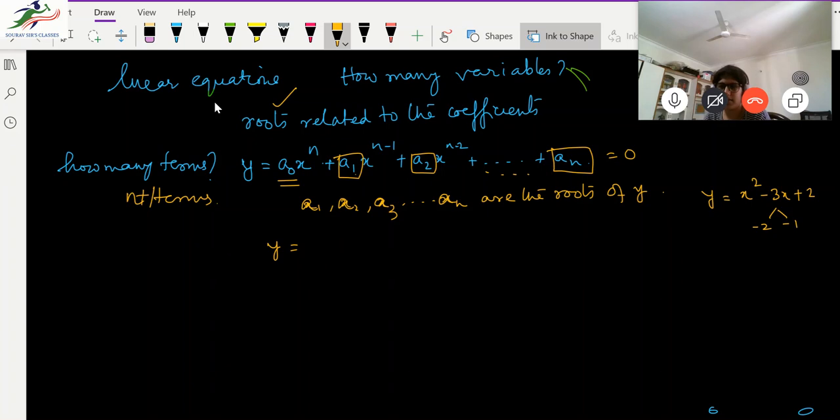So we can write this as y equal to x minus 2 into x minus 1, right? Where 1 and 2 are the roots of the equation. So if a1, a2, a3, an are the roots of the equation here, then how can I write y in this form?